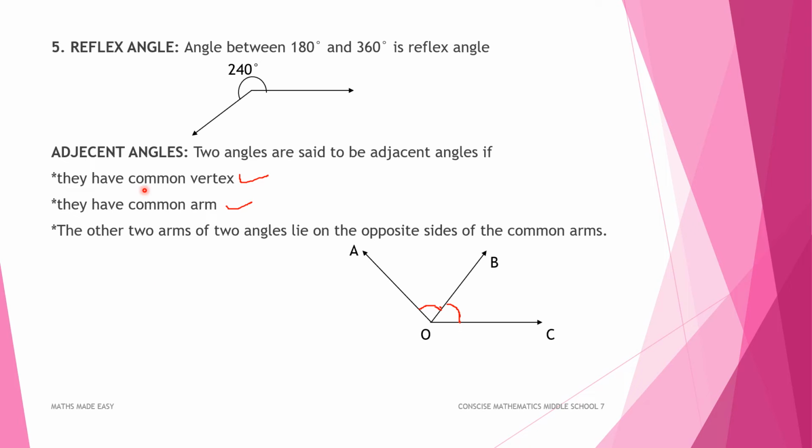And our last condition is that the other two arms of the two angles lie on the opposite sides of the common arm. Here I have said OB is the common arm and the other two arms should lie on opposite sides. Yes, OA is on one side and OC is on the other side of OB. So it satisfies the third condition as well.